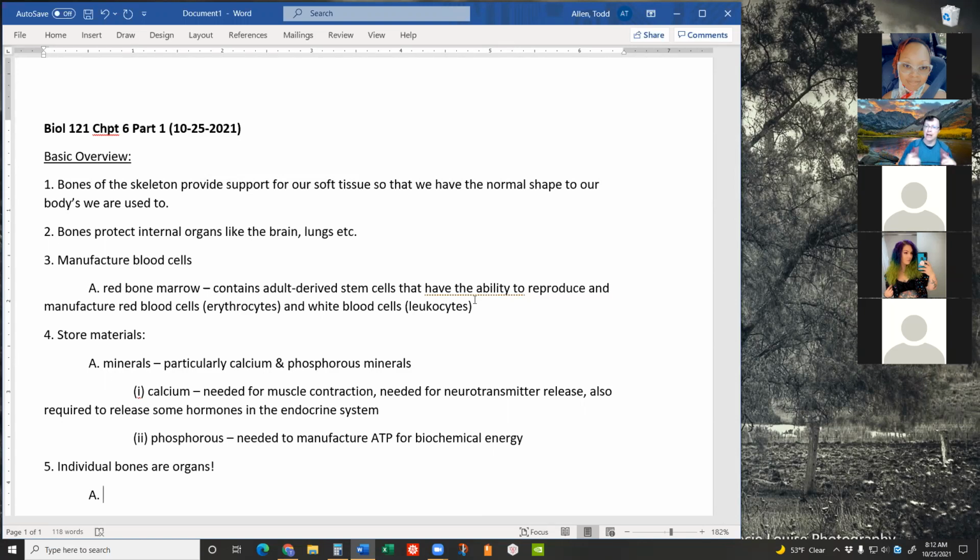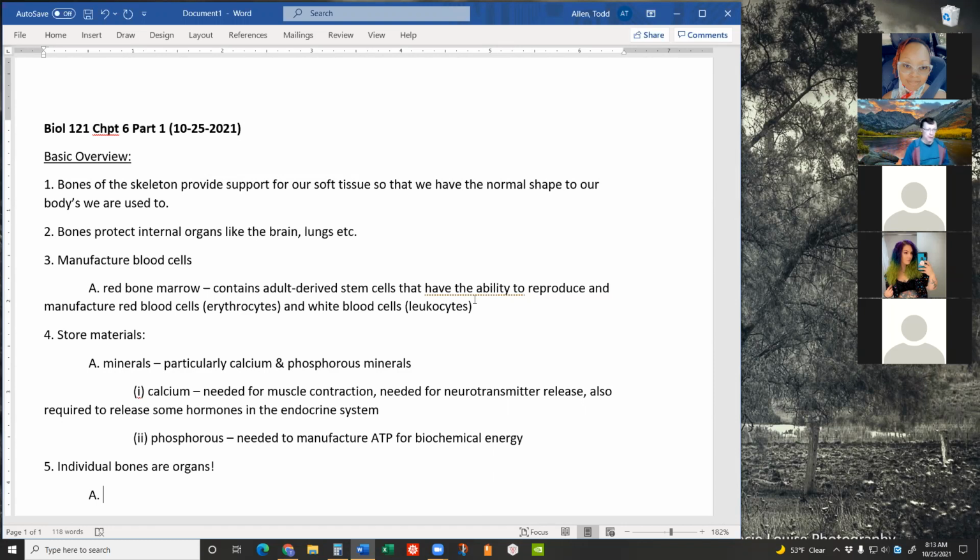If you've ever had a bone injury, whether a fracture or a contusion, which is a crushing injury on the bone, you know that can be quite painful. How do you know it's painful? Because you can feel it. How do you feel it? There are nerve endings inside the fabric of your bone.